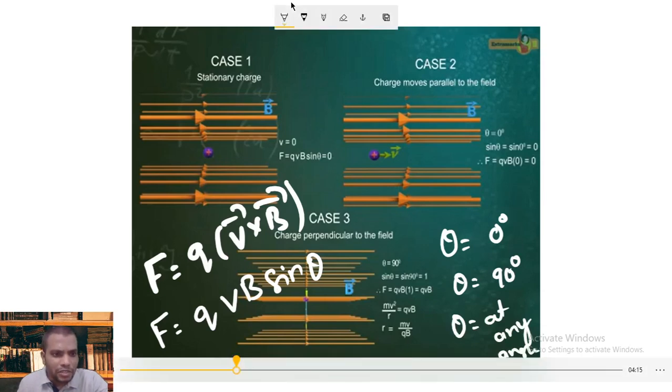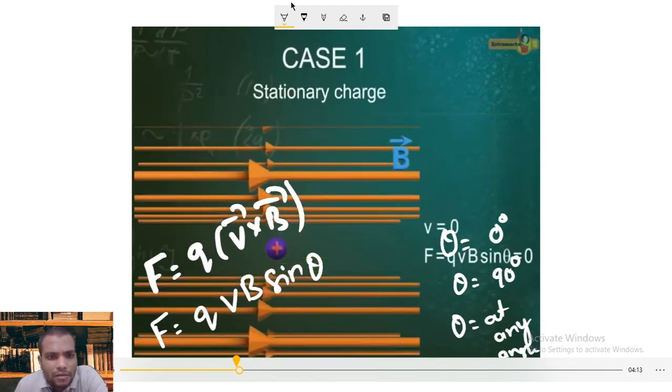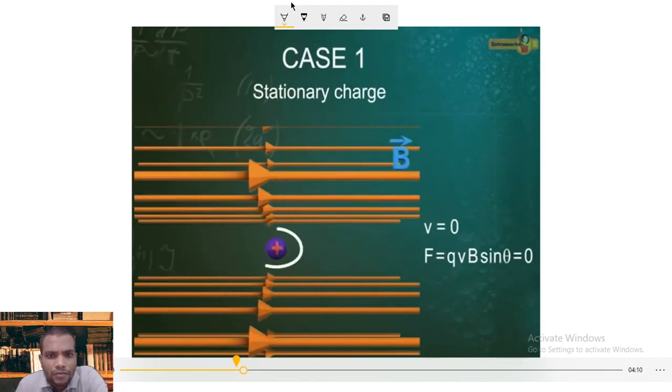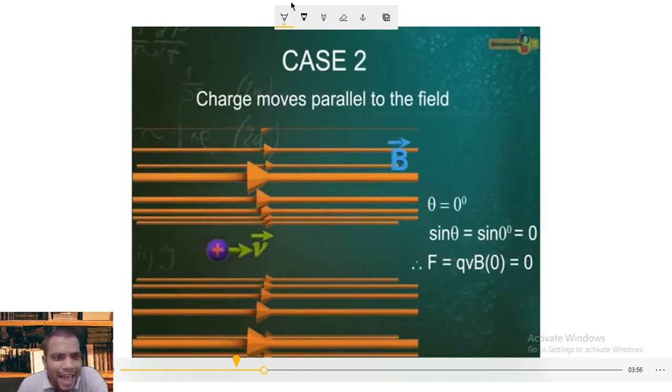Let us try to visualize that. First case: if there is no velocity, there is no force. This is the case of a stationary charge.